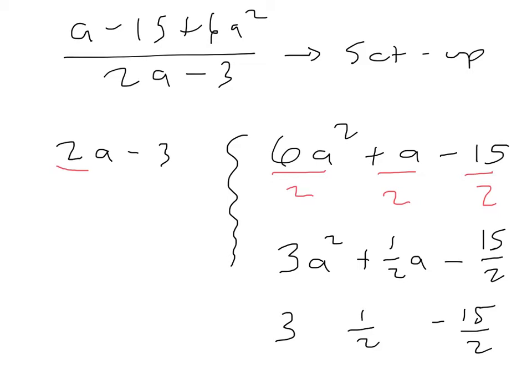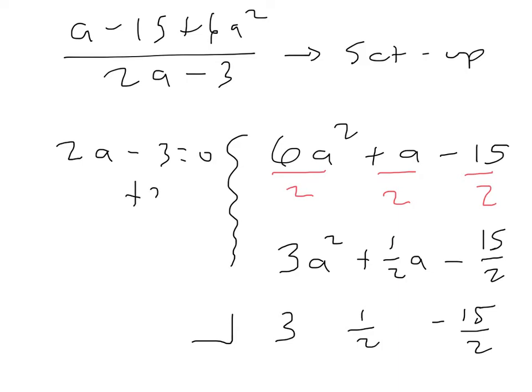The second part that I'm going to need in order to complete the synthetic division is a multiplier. And the way I find that multiplier is to find the 0 of the denominator. So I'm going to take my original denominator, 2a minus 3, and I'm going to make it equal to 0 so that I can find the value of a that makes that expression equal 0.